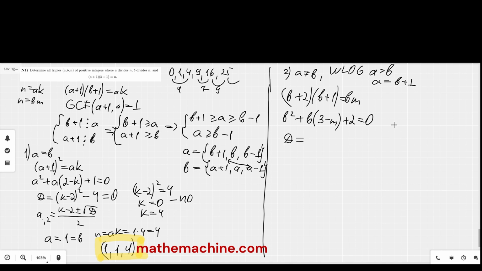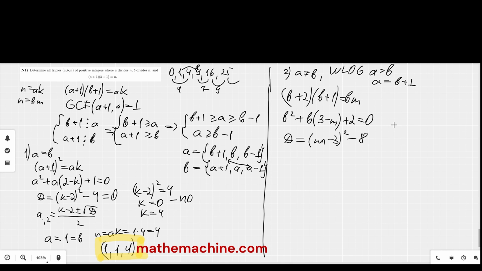Again, the discriminant we write as (m minus 3) squared minus 8. And again, look, the difference between two squares is 8. When is it possible? If and only if one square is 9 and the other square is 1. I remember the discriminant should be a perfect square, and (m minus 3) squared is a perfect square, and 8 is the difference between two perfect squares.